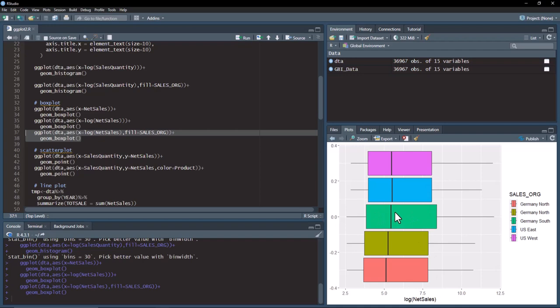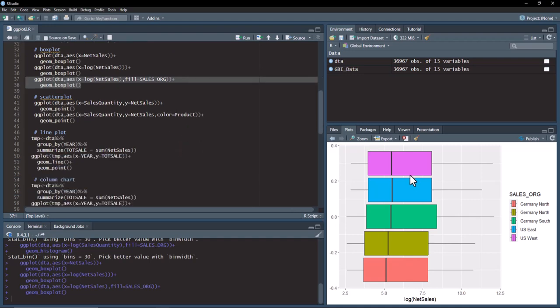Germany South has some larger sales in terms of the tail and in terms of most of the distribution. US West, notice that they have some also that are out here in the tails. US East, their median sale is slightly higher, but they don't have extremes that are so far out there. Okay.